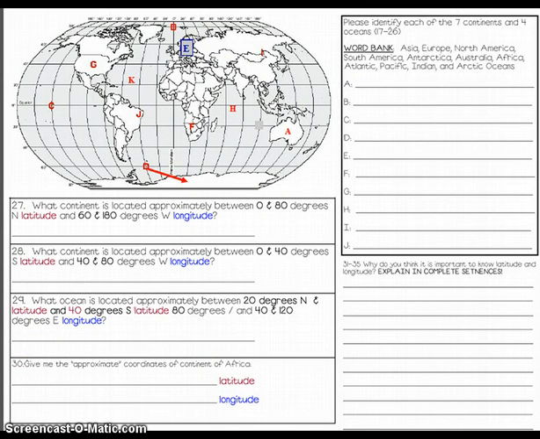All right, so Mr. Belsky has to tell you something. On number 29, I can see that I made a mistake. What you want to do is look at 20 degrees north latitude and 40 degrees south latitude. The ocean sits between longitude lines 40 and 120. The 80 should not be there.